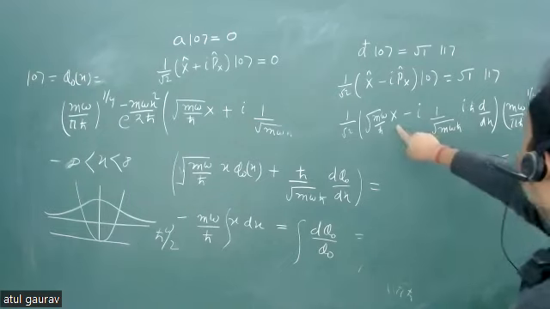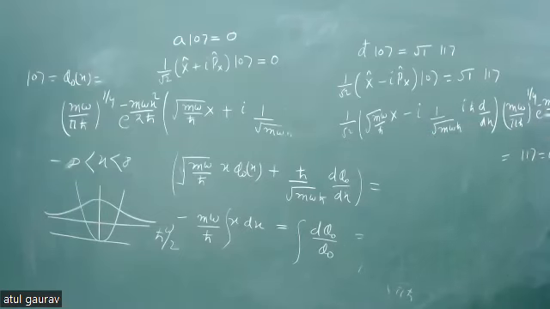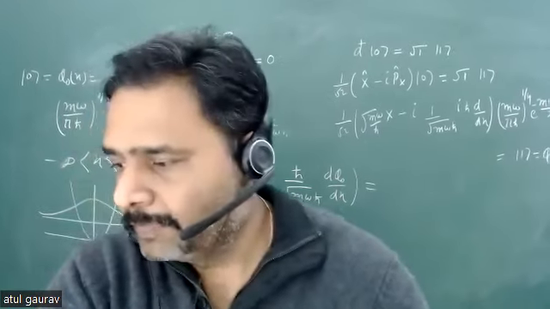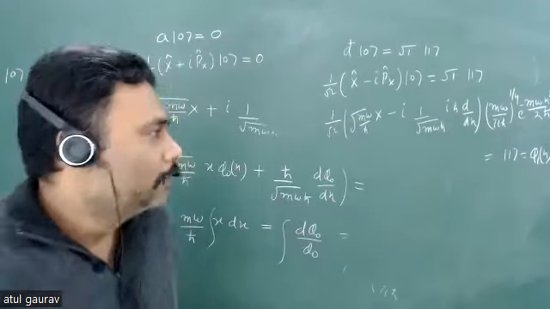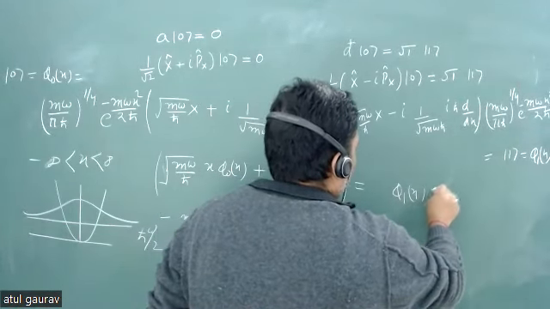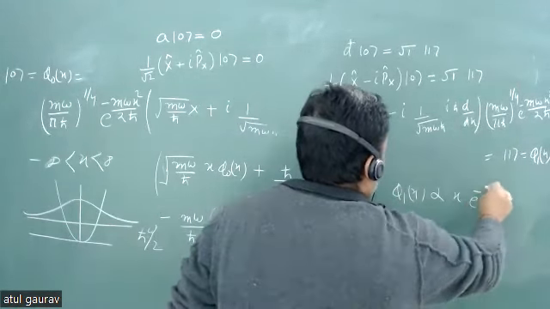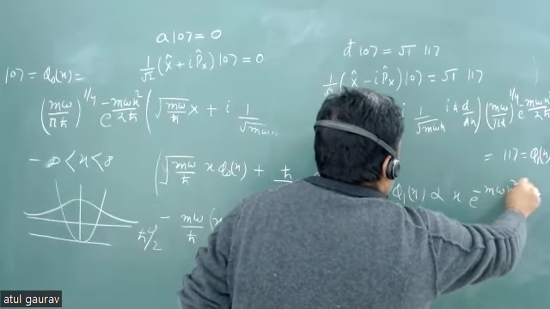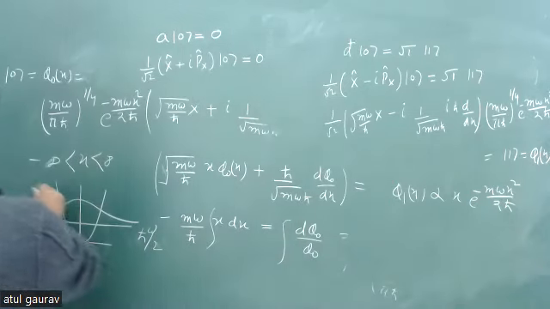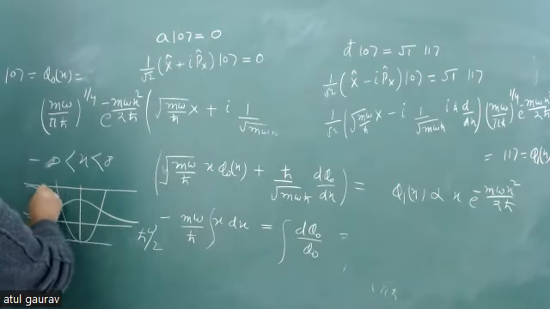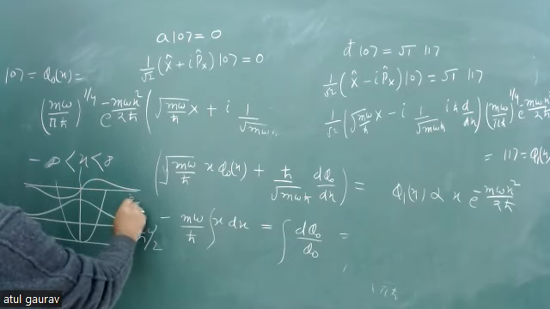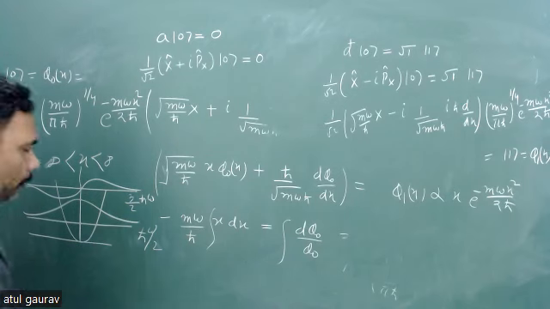So you can easily operate on it, differentiate it, and get the value of phi 1. You will find that phi 1 x is proportional to x into e to the power minus m omega x square upon 2h cut, and the energy will be 3 by 2 h cut omega.